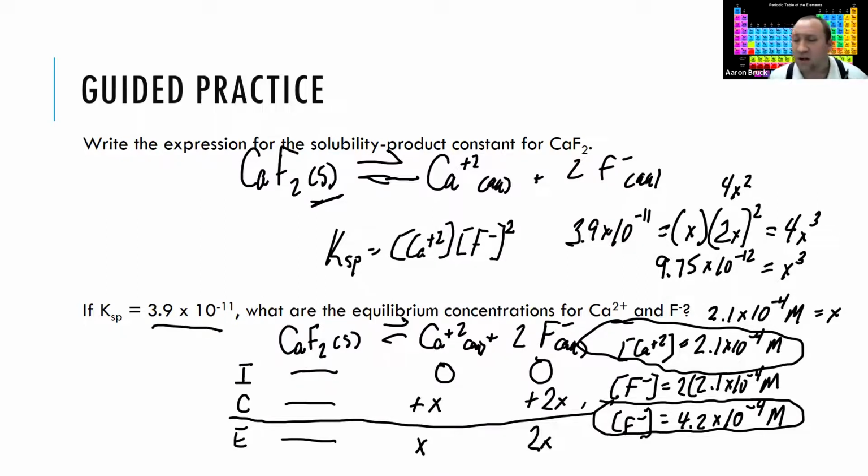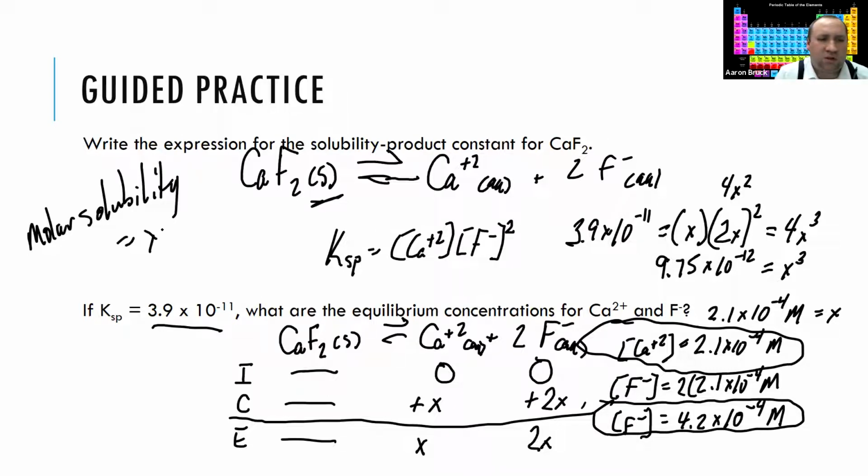In this particular case, we were able to find the equilibrium concentrations. Now, mind you, if we were asked for the molar solubility, that is always equal to the X term.